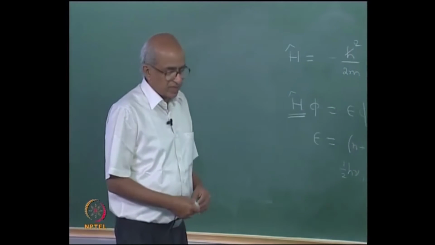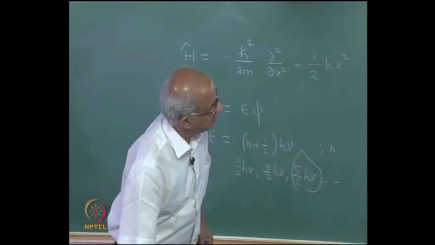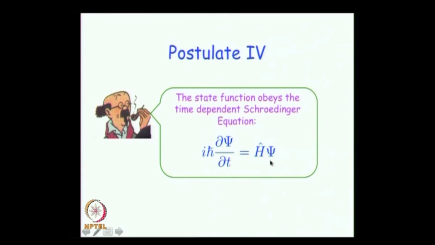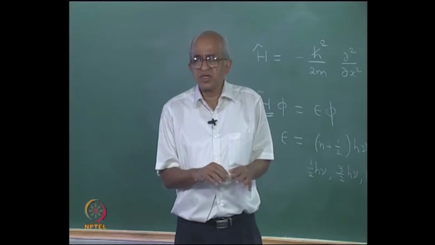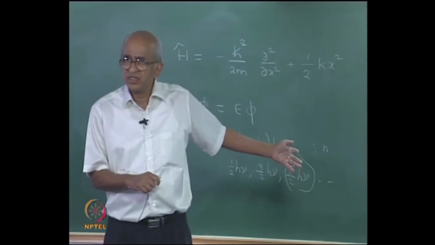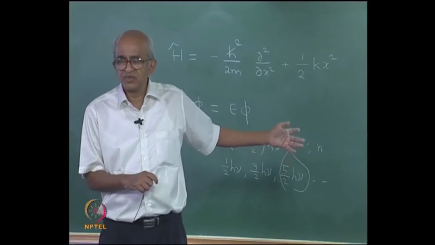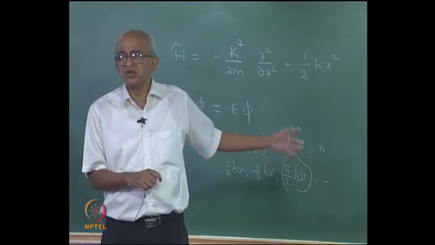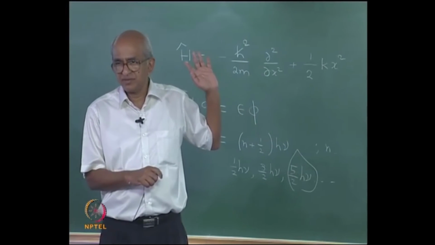So, what has been written in this form is rewritten on the board for a simple one dimensional system. And if you are interested in knowing the state function, what you have to do is you have to solve this equation, right. If you are able to solve this equation, you are going to get the state function.